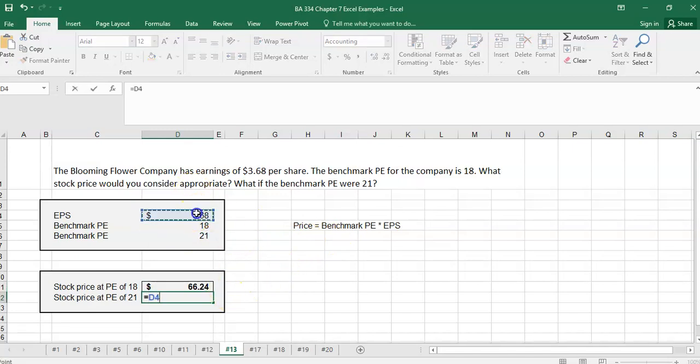And the difference between a price earnings ratio of 21 and a price earnings ratio of 18 gives us a difference in our stock price. So remember, the price earnings ratio is the price of a stock divided by the earnings per share.